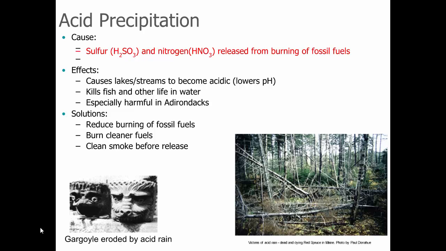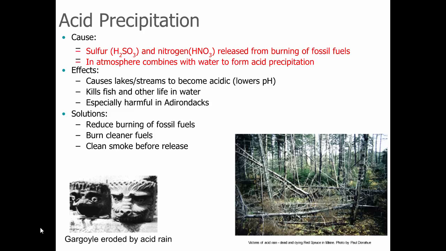And when those are released into the air, they react with water, and they form sulfuric acid, nitric acid. And that reduces the pH of the rain, so the rain, the snow, the sleet that falls has a lower pH. It's acidic. And that affects the ecosystem.